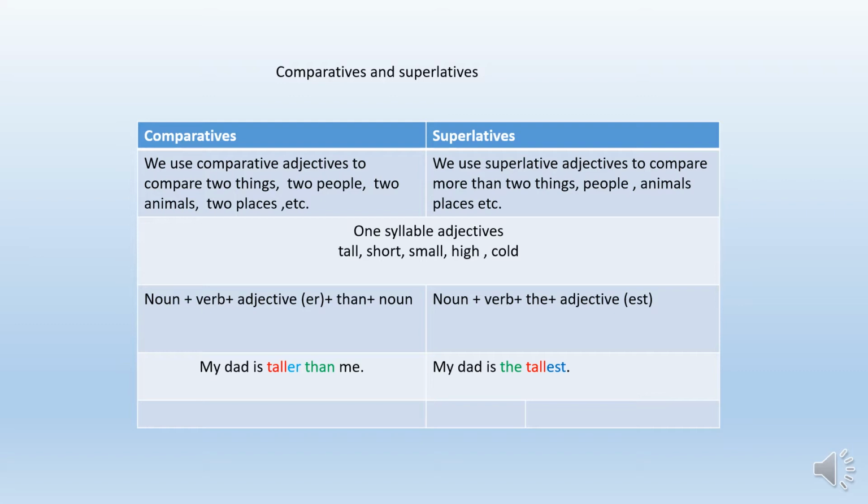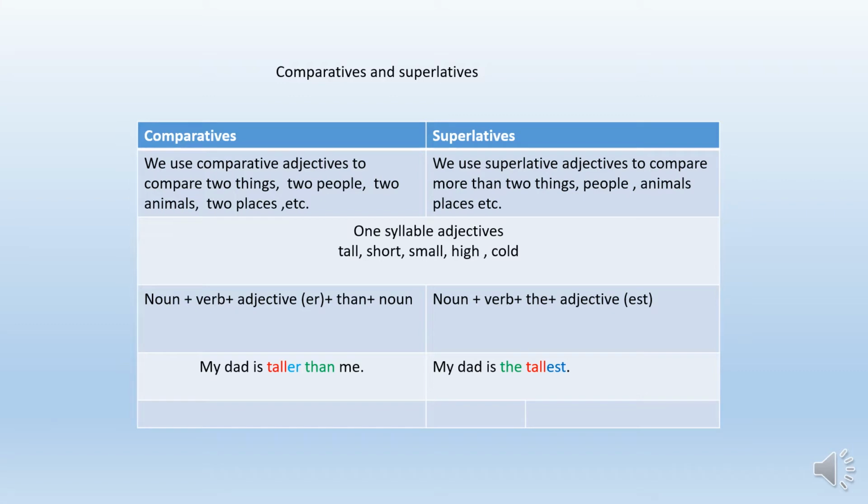In order to form comparatives, we put first the noun, followed by the verb, then the adjective plus er, plus than, plus another noun, which is the object. And to form the superlative sentence, we put first the noun, which is the subject, then the verb, then the, plus the adjective plus est.